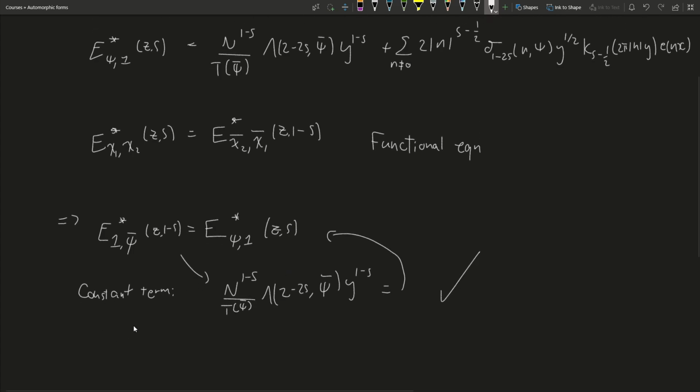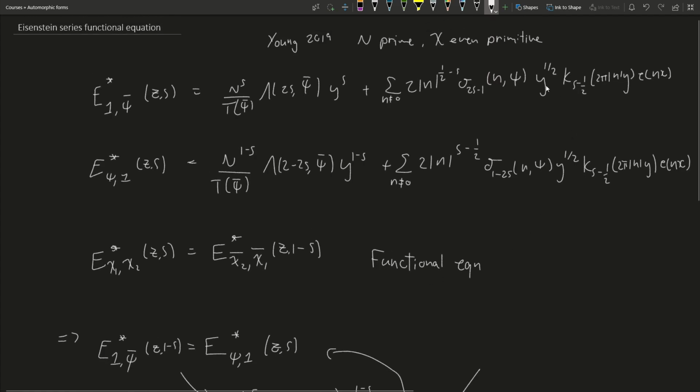What about the non-constant terms? Well, this part, the Whittaker function, the square root of y, is going to stay the same. The e(nx) is going to stay the same. So the first part to look at is this K-Bessel function.